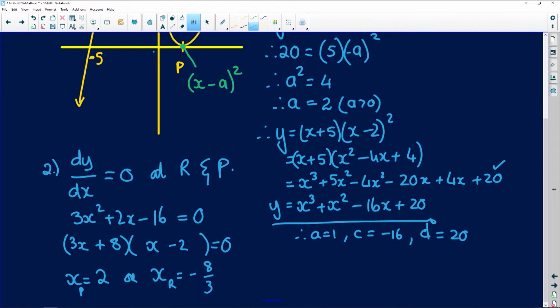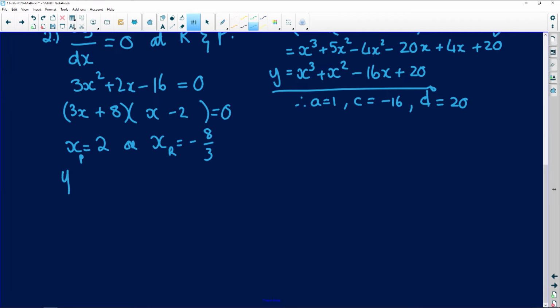Now it's going to be quite tricky with this ugly coordinate here for x. That x has to go into that equation. So the y value here for P we know is 0, because that is the turning point and the root. For the y value of R, we need to take this x value into the x's in our equation. Use it very carefully.